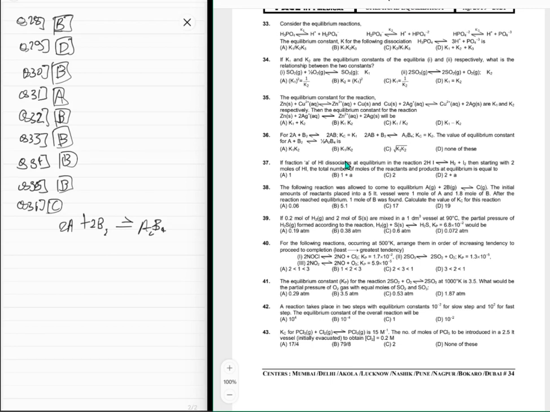Question number 36 was this thing. Yes, C. Question number 37. If fraction a of HI dissociates at equilibrium in the reaction, then starting with 2 moles of HI, the total number of moles of the reactant and product at equilibrium is equal to... It starts with 2. It's going to be 2 into 1 plus a, because it's got 1 minus a over here.